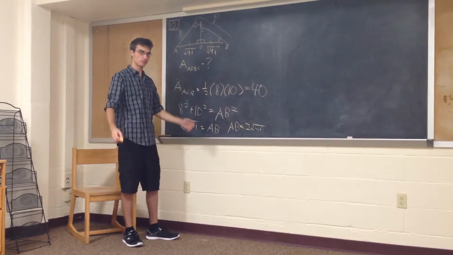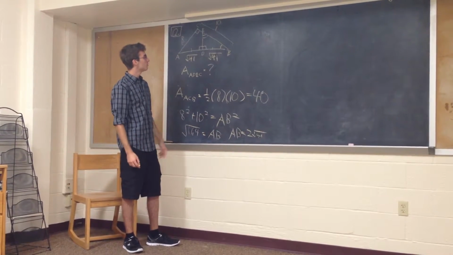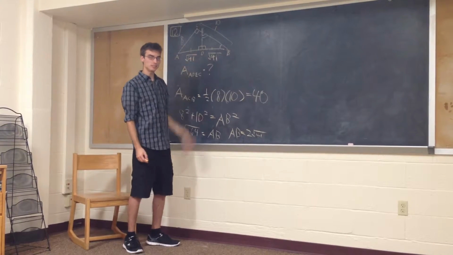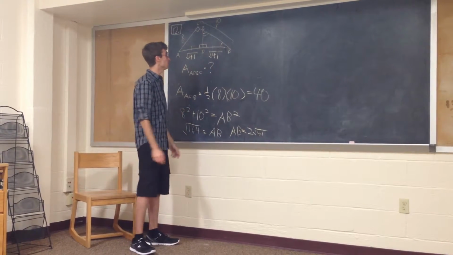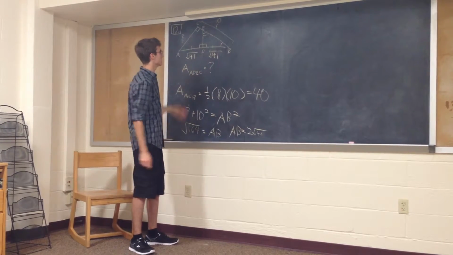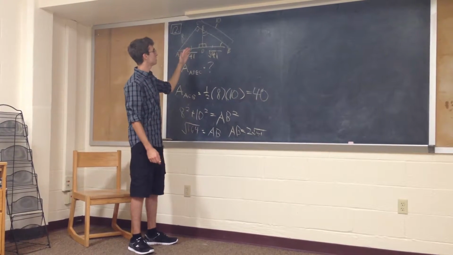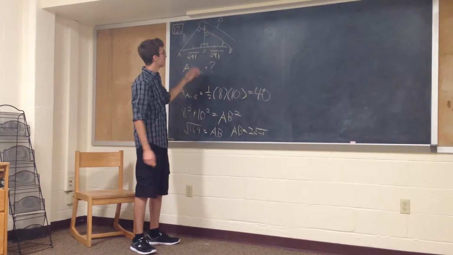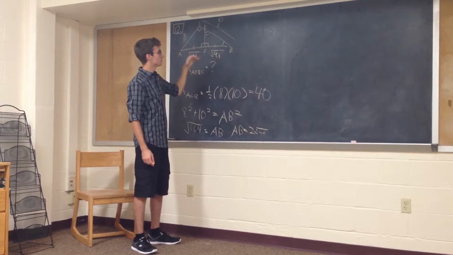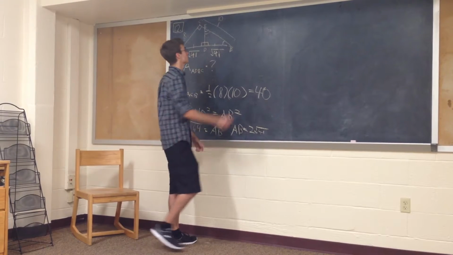Who cares, right? What can we do with that? Well, we can figure out the length of DE, that's the base we need in the area formula, by just setting up a proportion. Set the base of ACB over the height of ACB equal to the base over the height of EDB. So let's do that.